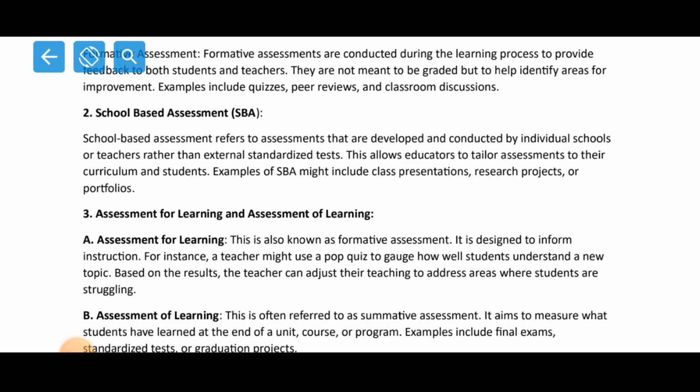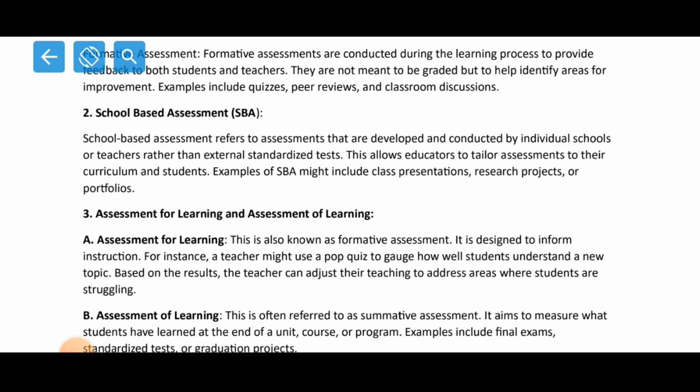Now see, by the name of the term itself, you will understand that school-based assessment means where? Outside the school? No, it will be inside the school. So inside the school, whatever assessment takes place, those are known as school-based assessment. Here no externals are involved. All right, suppose we are having a science examination, and in science practicals, what happens?